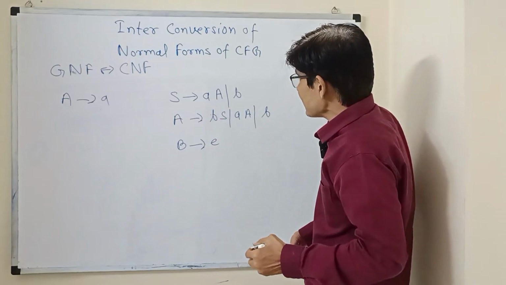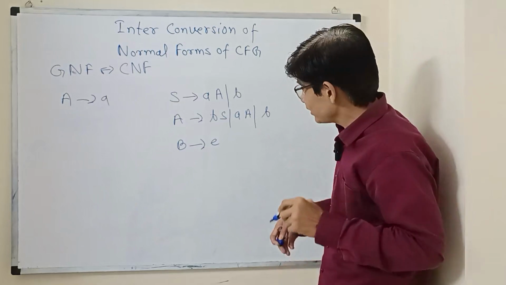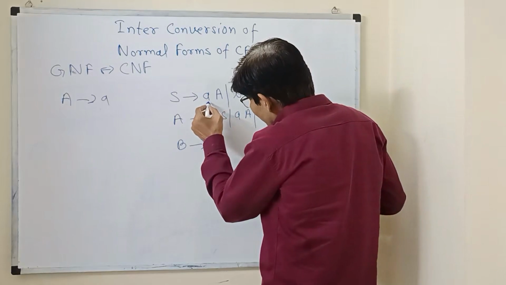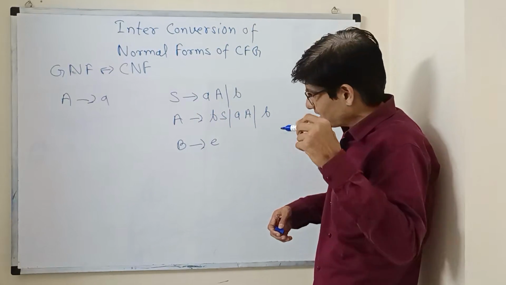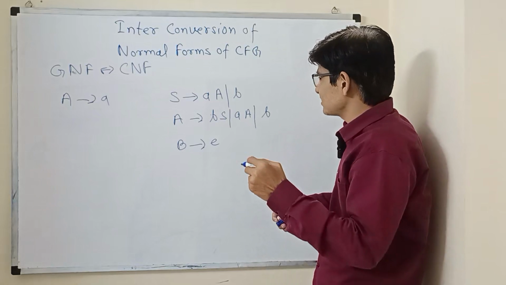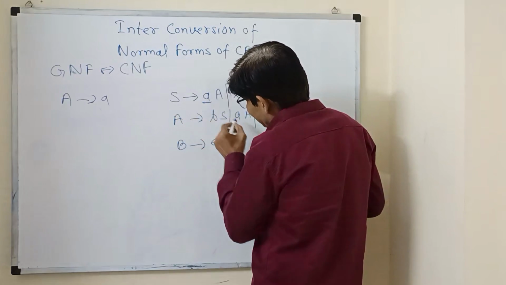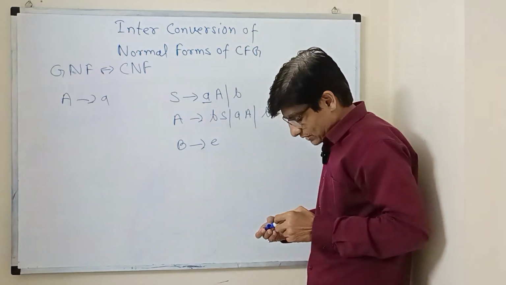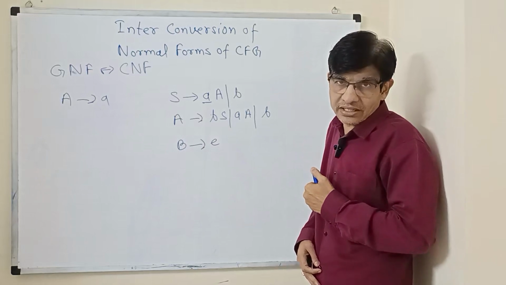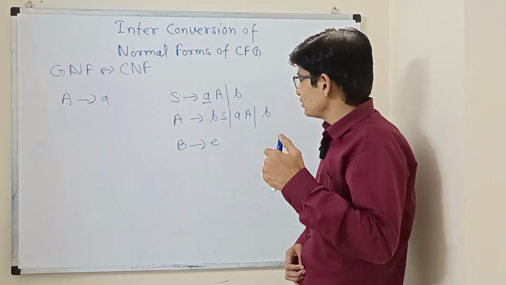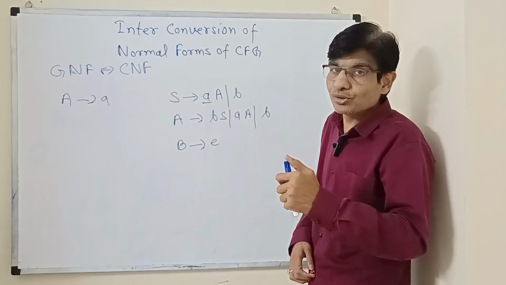So now, as CNF allows only two variables on the right hand side, we will convert all these starting terminals into another variable, and in this way you can always convert into CNF. Now suppose this small a I am generating, so in this particular conversion you need to add new variables, and as you are adding some variables, you need to add their productions also.